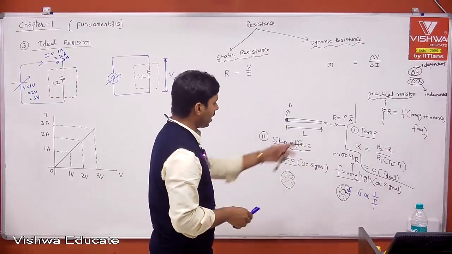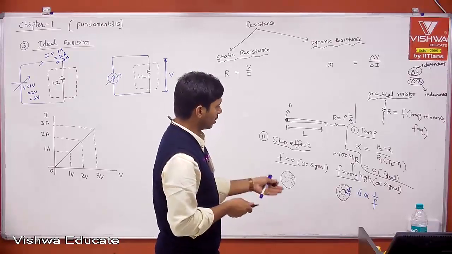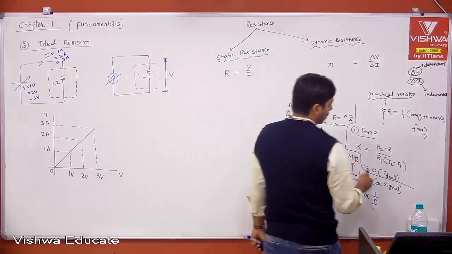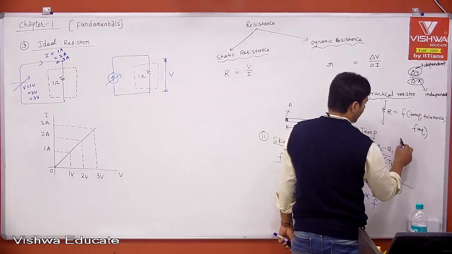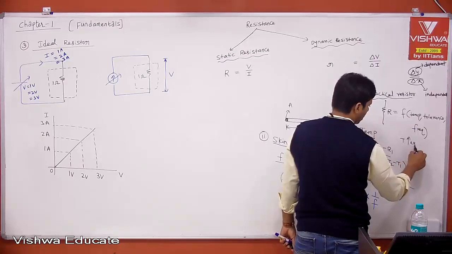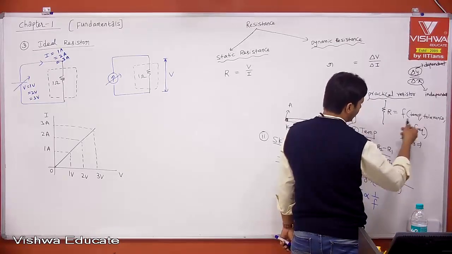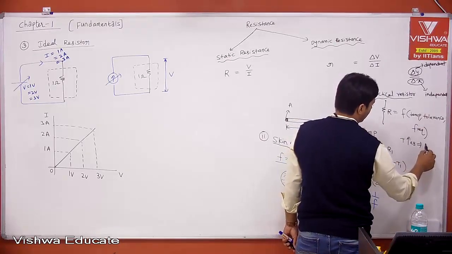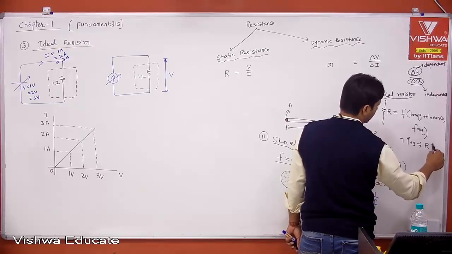Maybe if I add here something. Therefore, if you take a practical resistor, if temperature increases, in this scenario, if you take a real practical resistor, your resistance value increases.